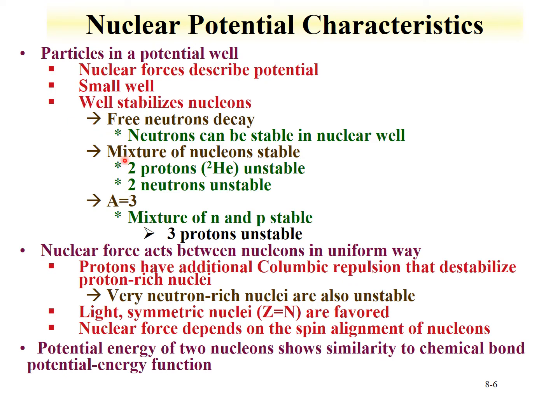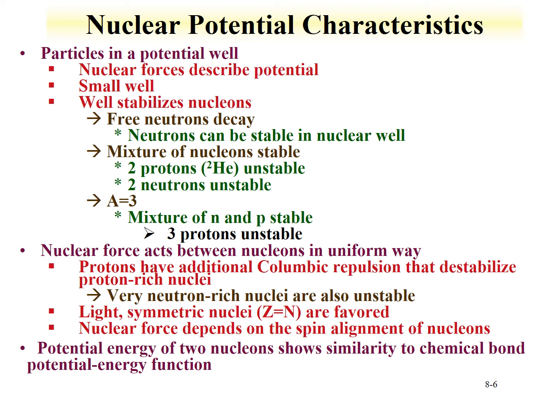Also, the way I mix nucleons matters for stability. For instance, if I have 2 protons, that's helium-2, that's an unstable nucleus. 2 neutrons is unstable. But if I have a proton and a neutron together, that's deuterium, that's a stable nucleus. And I can also imagine that with A of 3, I can get mixtures of protons and neutrons that are stable. However, 3 protons would be unstable.